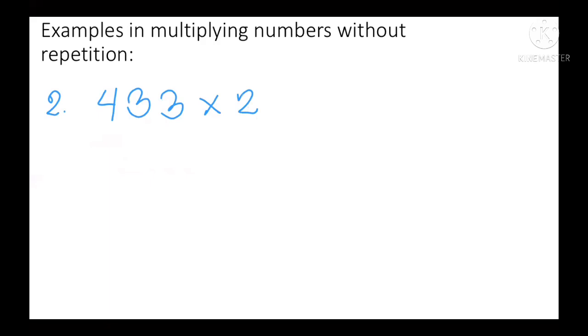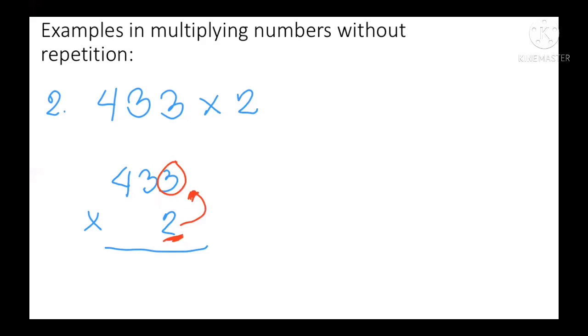So we will put here 433 multiplied by 2 or times 2. Again, remember, our first step is to multiply this number on the ones place first. Okay, so we have 2 times 3.